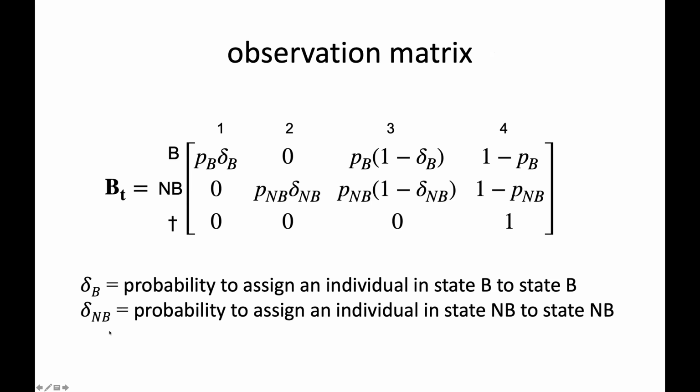Okay, and then the observation matrix is that one. Like before, we have the states in rows, so breeder, non-breeder, and dead, and then we have the observations in columns. The observations are: you're detected and assigned to the breeder state, you're detected and assigned to the non-breeder state, you're detected and you cannot be assigned a state, so it's 3.